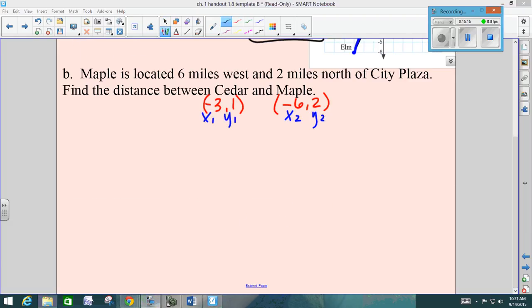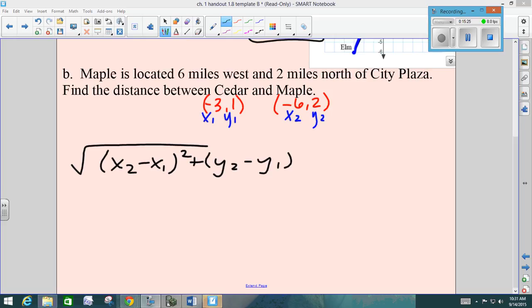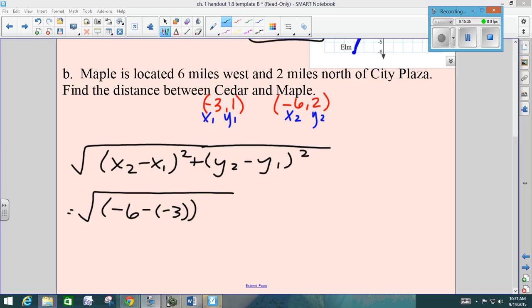All right, I'm going to write my distance formula down again like it's typed on your paper. So x2 minus x1 quantity squared plus y2 minus y1 quantity squared. And hopefully this will look more like how you did it. The square root of -6 minus -3 quantity squared plus 2 minus 1 quantity squared.